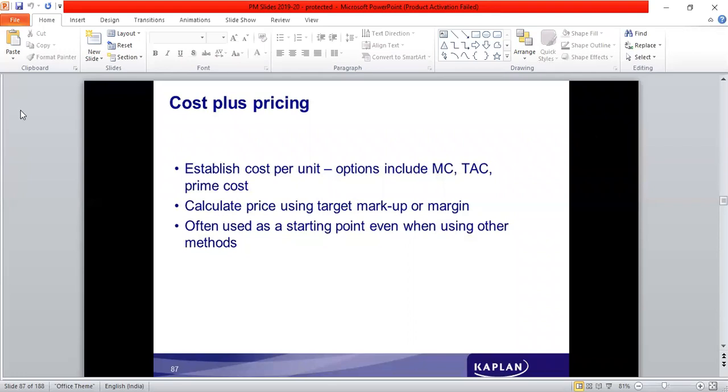All of us understand this concept of deciding on what is the selling price.